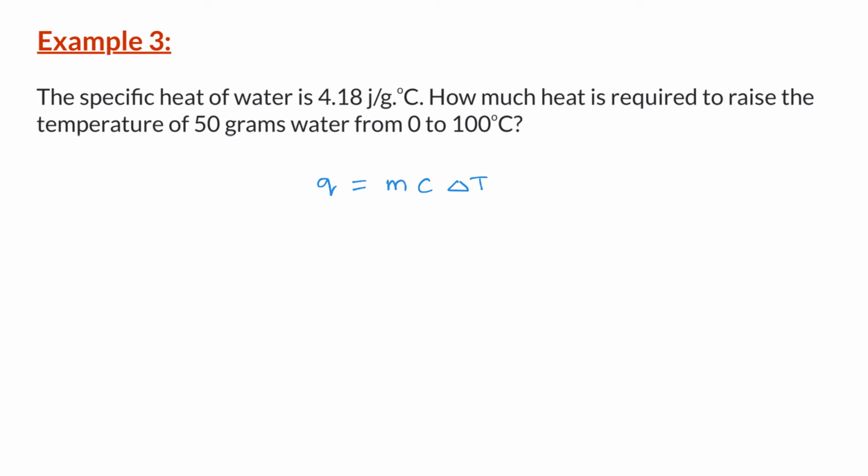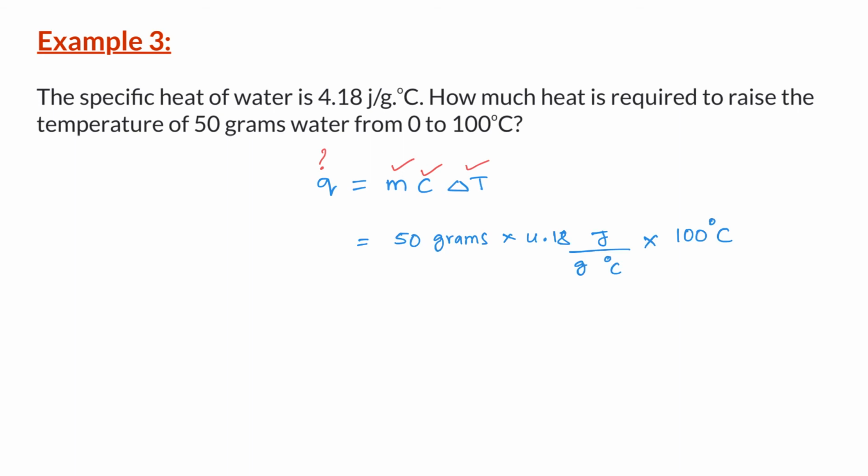If we look at the problem, the specific heat of water is given, the mass of water is given, the delta T, that is the final temperature minus initial temperature, is also given, and we need to calculate the heat absorbed. Let us plug in all these values in the formula.